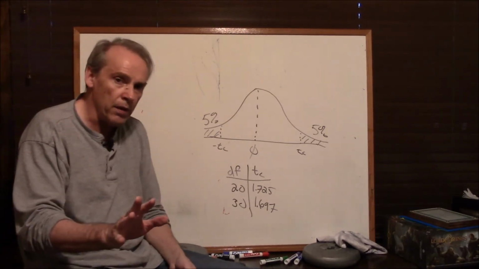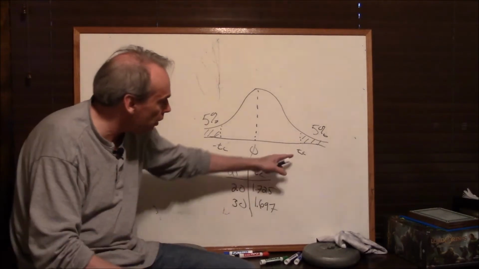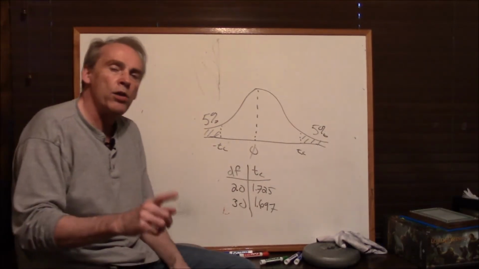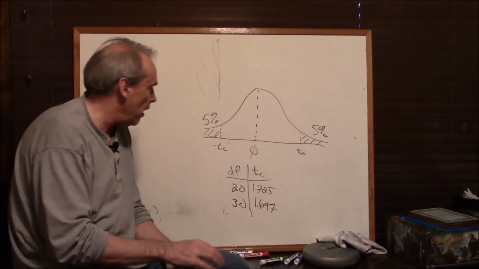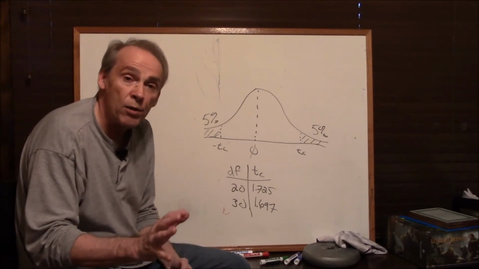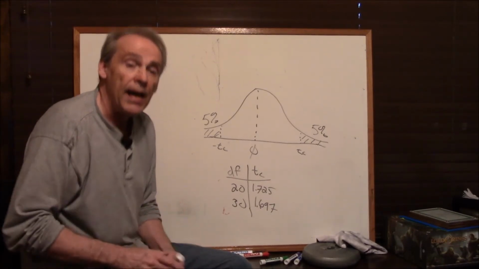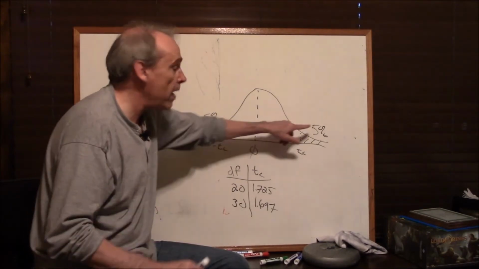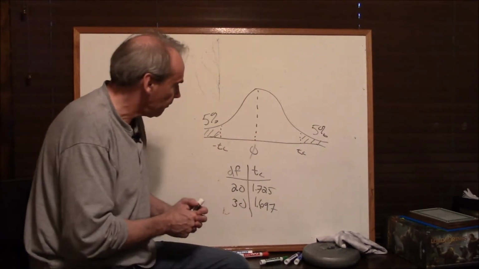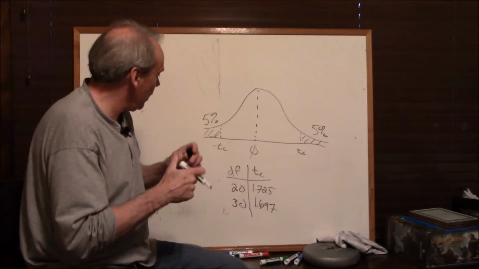Now notice something here. Notice that the critical t-value for a two-sided test at the 10% level is also the exact same number as a one-sided test at the 5% level. Let me say that again. In fact, let me write it down.